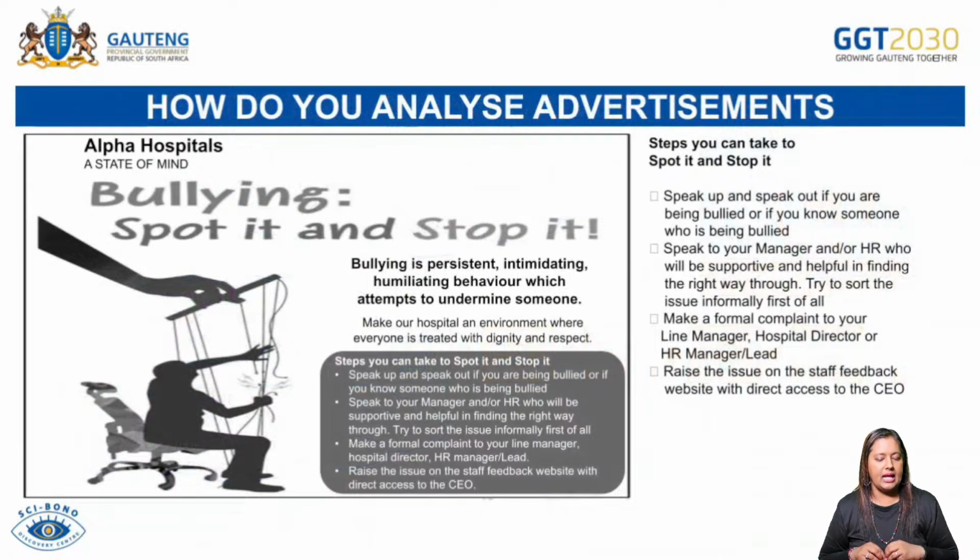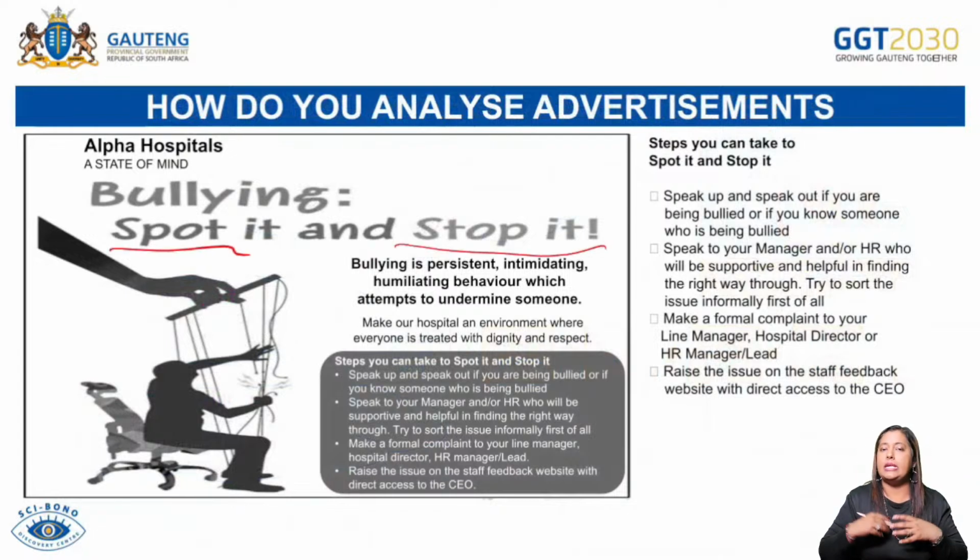So there's an example of an advert that was in the previous NSC exam. It was talking about the Alpha hospitals and that state of mind when we're dealing with bullying as an issue. All right. Look at the play on the words, spot it and stop it. Immediately also notice the change in the font sizes, okay, that is happening there.